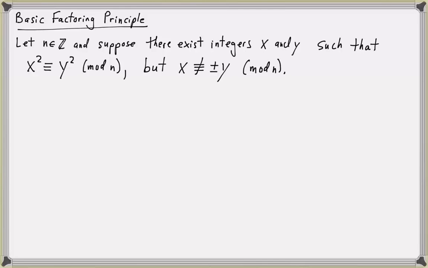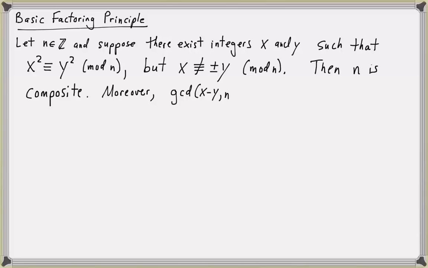Then we can conclude that n must be composite. Moreover, we can find a non-trivial factor: the greatest common divisor of x minus y and n is a non-trivial factor of n.